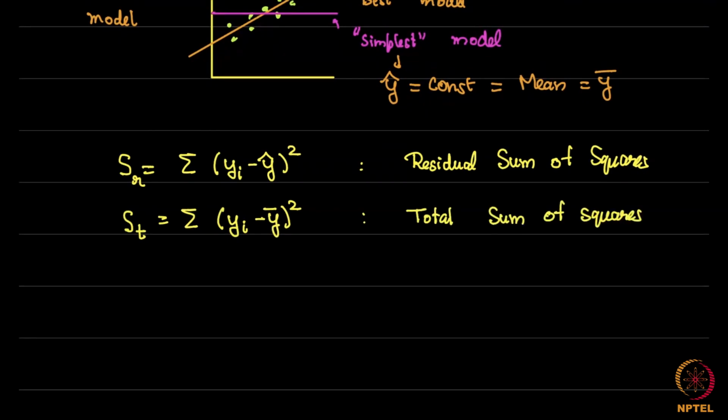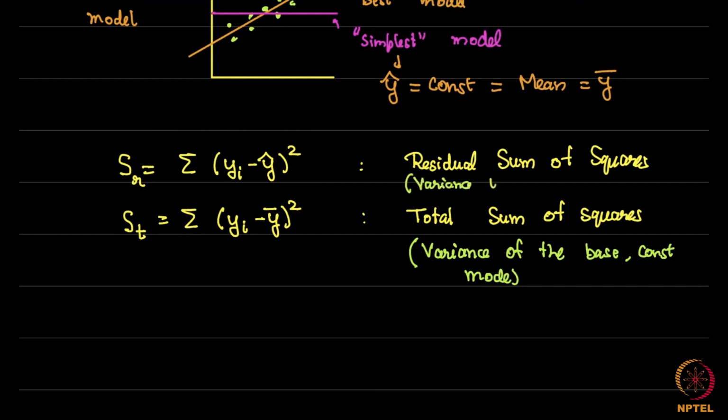And as we see, and you will know this much statistics, I assume, but anyway, we will come back to this. This is variance of the base model. And this is variance with the proposed or the best fit.